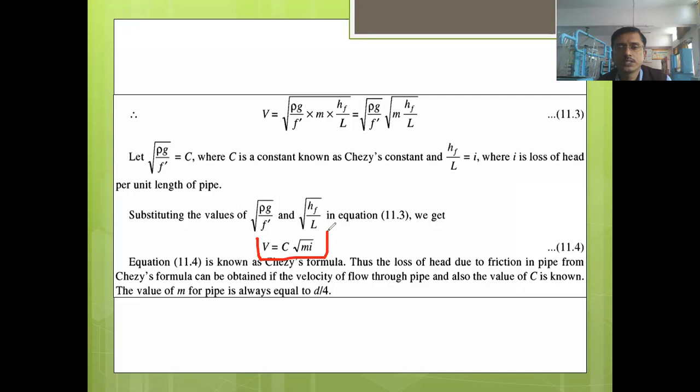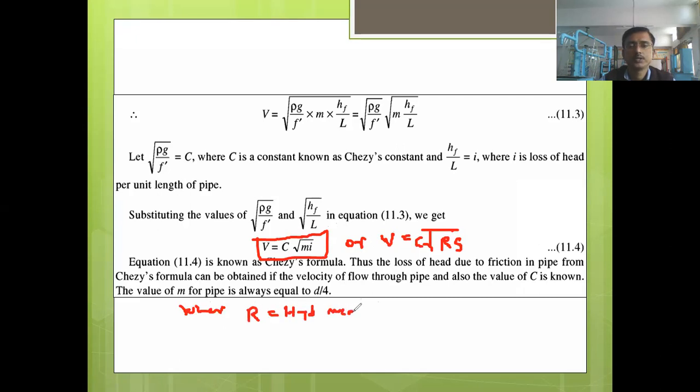V is equal to C into under root of mi, or V is equal to C into under root of Rs. Write down there, where R is equal to hydraulic mean depth, or HMD.